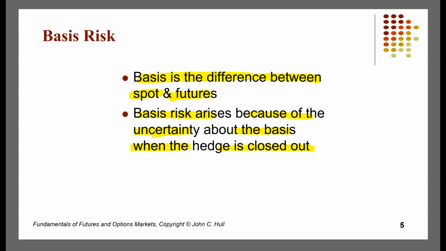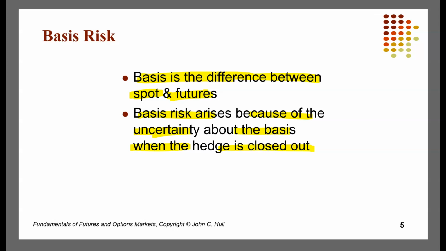Typically, we want that closing out point to be before maturity on the contract, which means that the futures price at the point where we want to close out our position is not necessarily going to be equal to the future spot price.